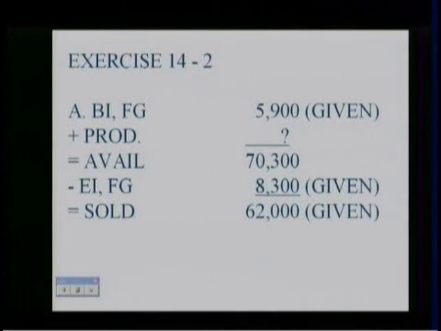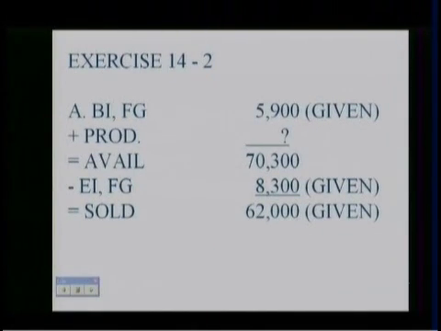Okay? Think about your cost of goods sold formula. You need your beginning inventory of finished goods, which they give you as 5,900 units. You don't know how many you're going to have to produce, and you don't know what's available, but you do know that your ending inventory is given at 8,300 units, and you know that you're going to sell 62,000 units.